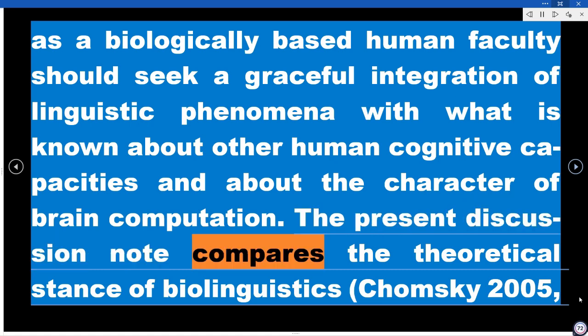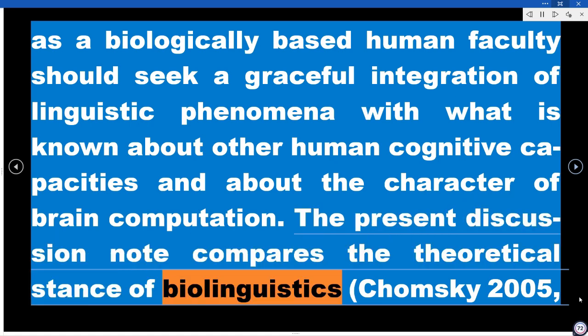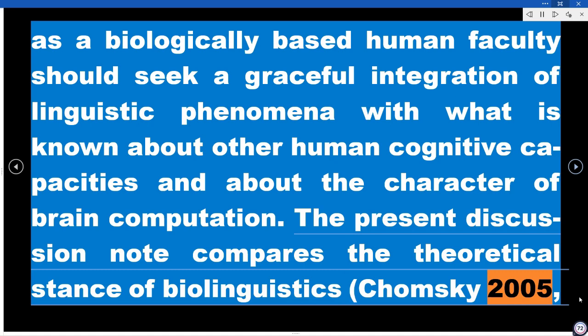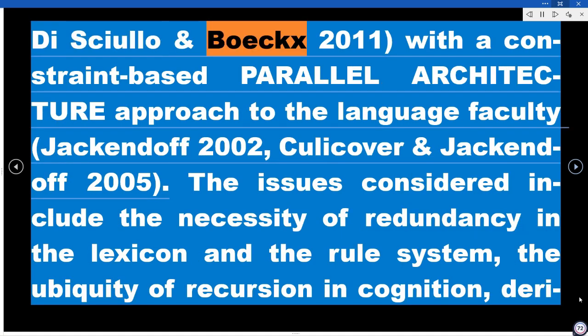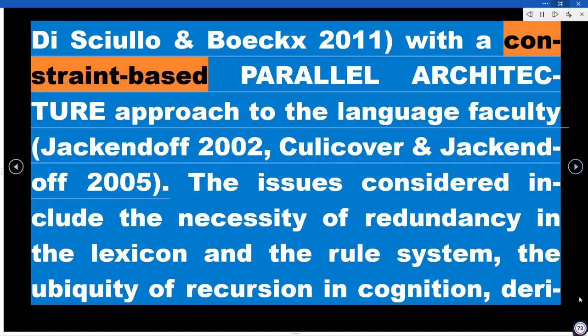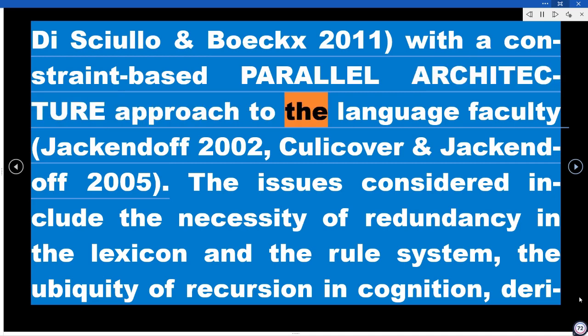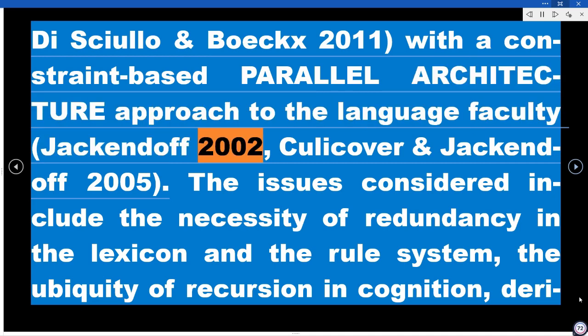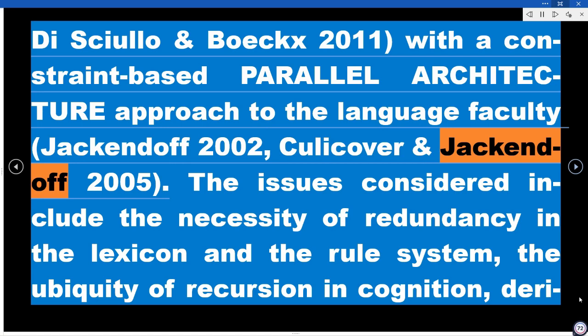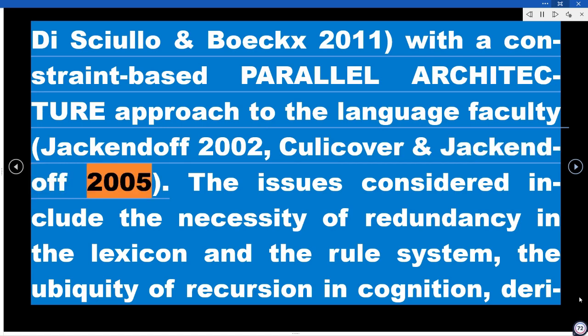The present discussion note compares the theoretical stance of biolinguistics, Chomsky 2005, Di Sciullo and Boeckx 2011, with a constraint-based parallel architecture approach to the language faculty, Jackendoff 2002, Culicover and Jackendoff 2005.